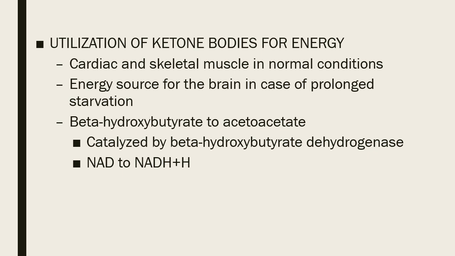In this reaction there is formation of NADH. Note that in the utilization of ketone bodies for energy, you have only beta-hydroxybutyrate and acetoacetate. Acetone is not utilized for energy production.